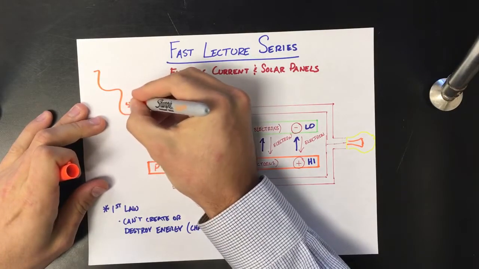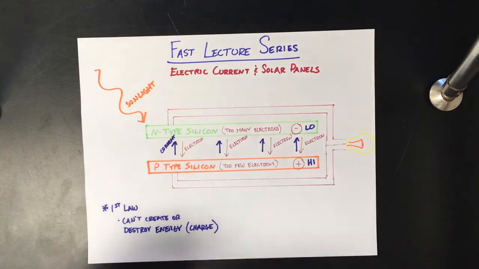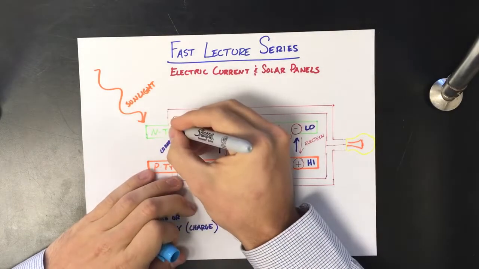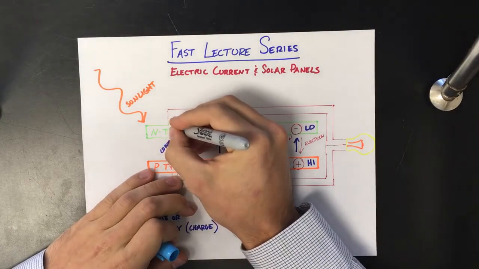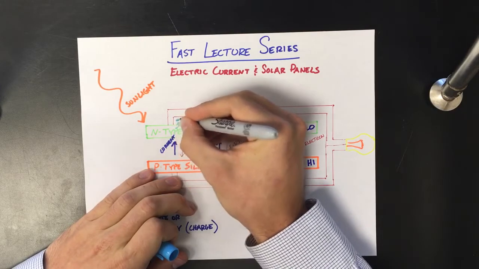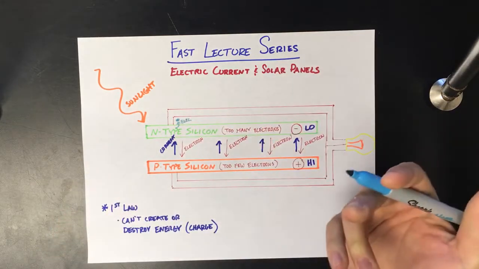If we think of it like that, imagine that you have some sunlight that comes in. And that sunlight is going to knock an electron free. So that sunlight hits this N-type silicon, and now all of a sudden you have this electron that's sort of knocked out. So we'll say that's an electron. It's now been knocked out.